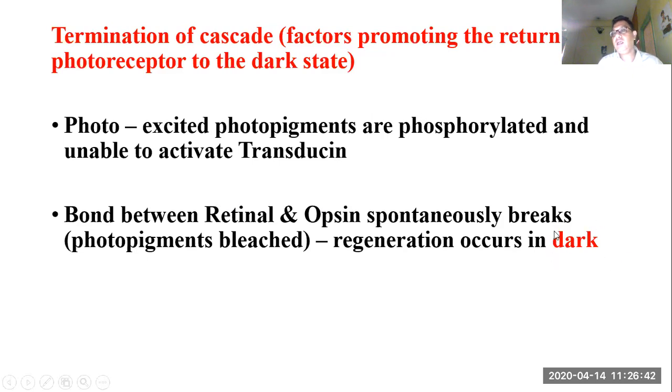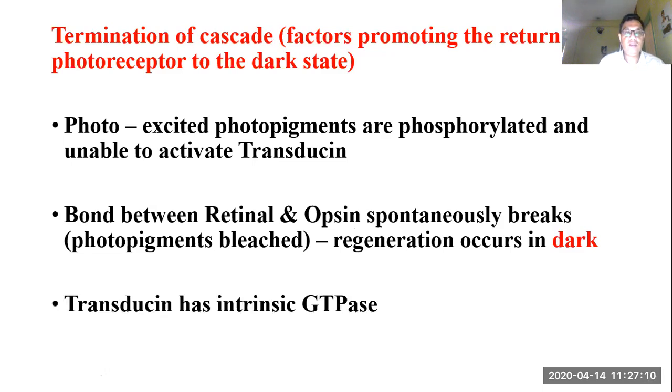We need darkness for that, and this is a part of the scheme of dark adaptation, whereby the 11-cis retinol, which has changed to all trans retinol, will be taken up by the pigment epithelia, and in the presence of vitamin A will be converted back into 11-cis retinol and will attach with opsin to become a ready photopigment again.